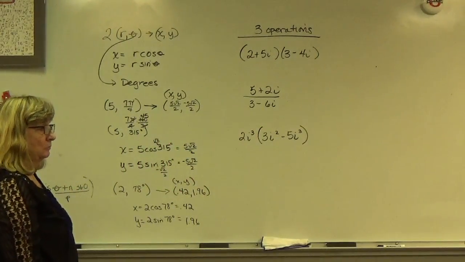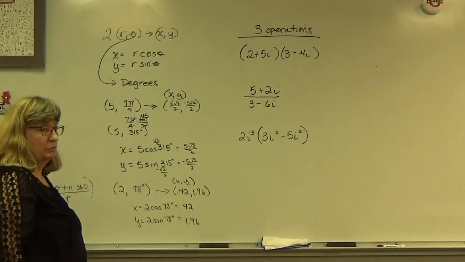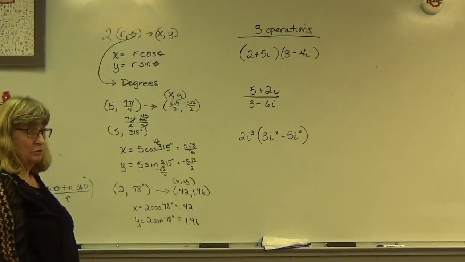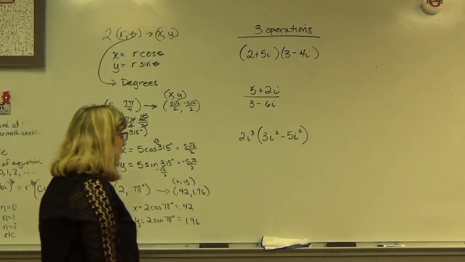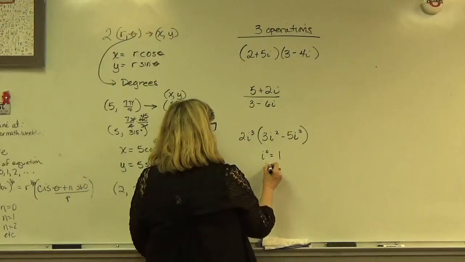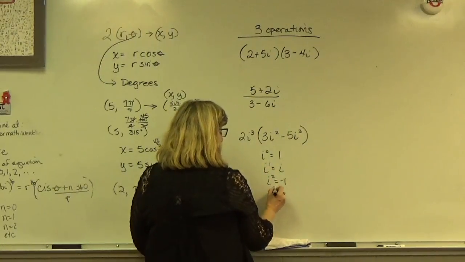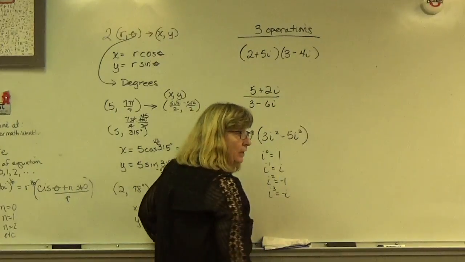So we're going to do one of each. On the simplify one, don't you need to remember that i to the 0 is 1, i to the first is i, i to the second is -1, and i cubed is -i?